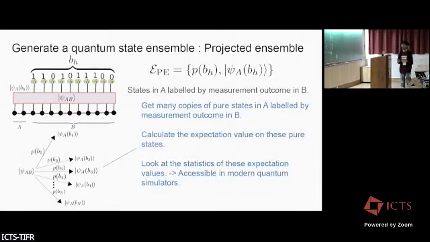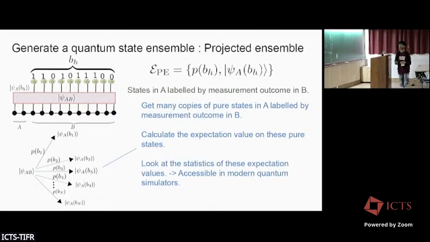How to do it operationally? You just take many copies of the full state, that is psi AB, and keep doing projective measurements, and don't discard the outcome in B. Keep the bit strings and also the pure state that you get in A. Finally, you can tabulate them, and you can find out the probability of getting individual psi A. This is accessible in modern quantum simulators using techniques like fluorescence measurement.